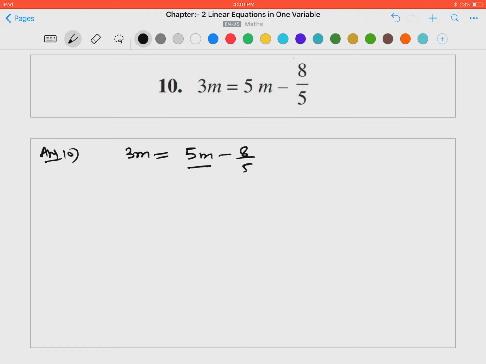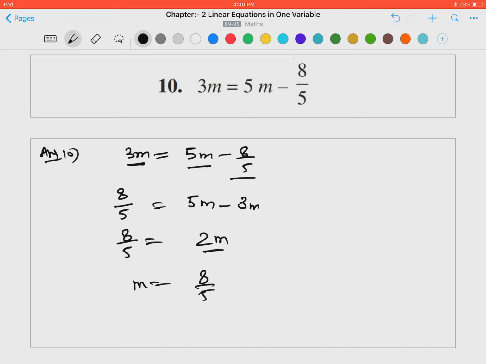Now you can see the bigger term is on the right hand side, so let's keep this term here. We'll shift this plus 3m onto the left hand side, so the right hand side will be minus 3m, and this minus 8 by 5 will become plus 8 by 5 when you shift it to the left hand side. So 8 by 5 equals 5m minus 3m, which is 2m, or m equals 8 by 5.